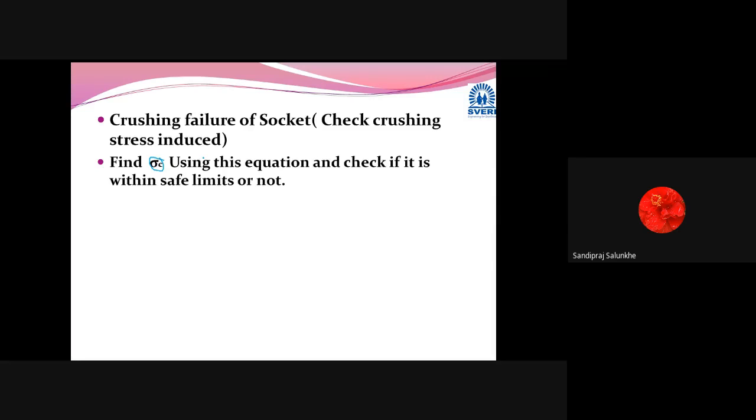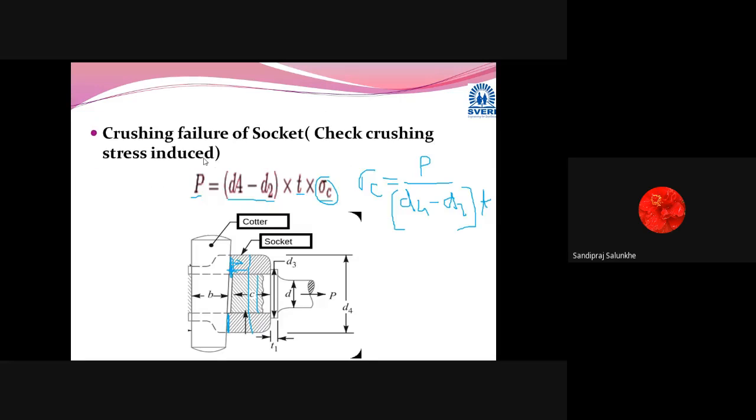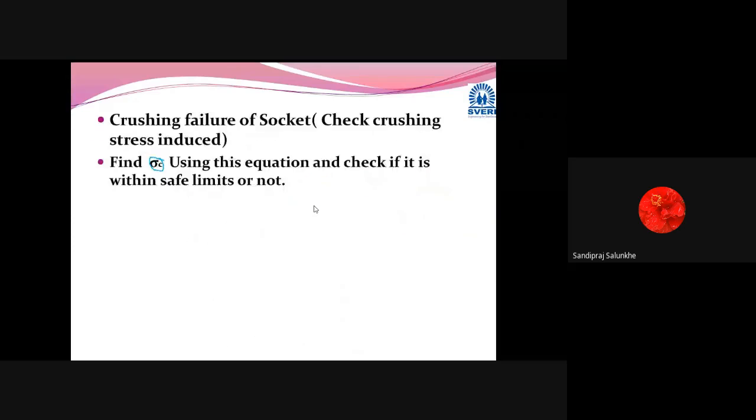In the above formula, we have already calculated D4 and D2. T we have not found yet, T will remain as it is. We are just going to calculate whether this sigma C, the crushing stress value, is within the limit or not.